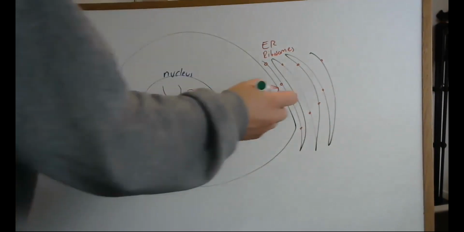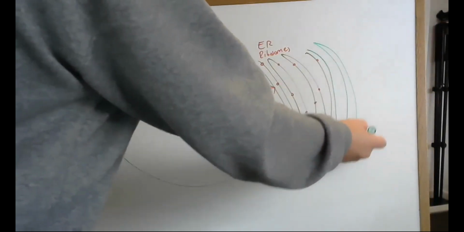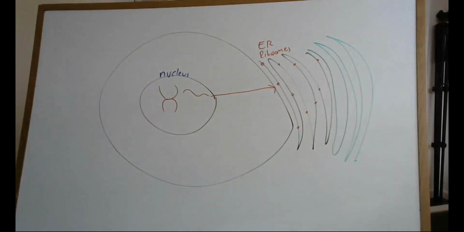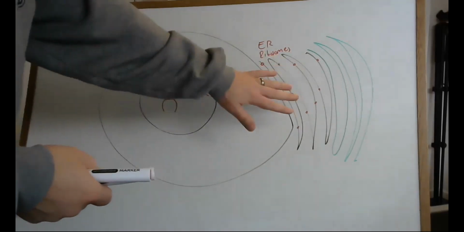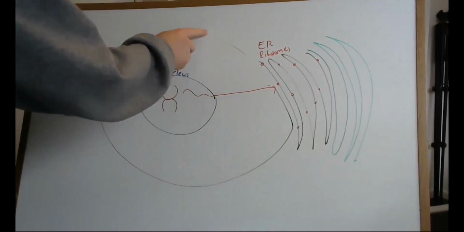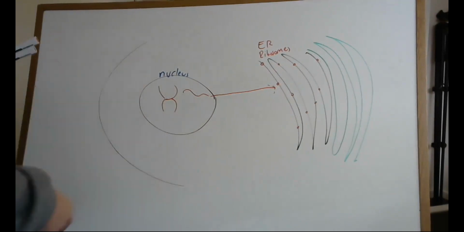Then we have the Golgi apparatus on the end. And what happens here is these proteins, depending on where they're going, this is still inside the cell.